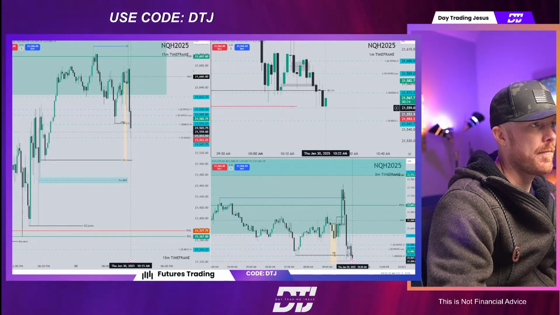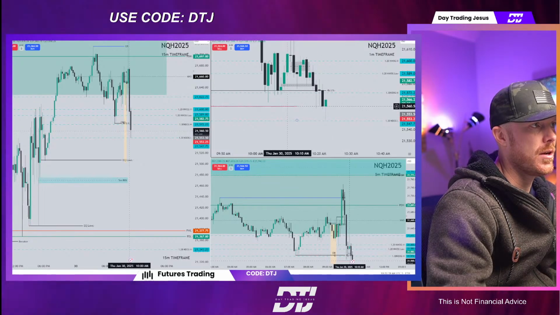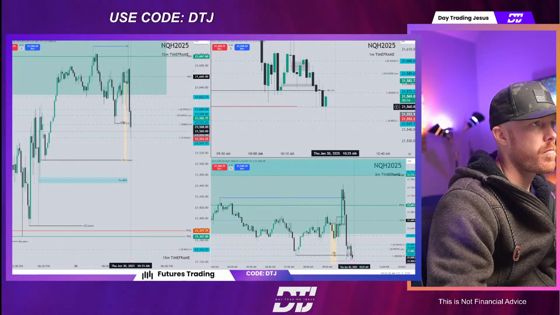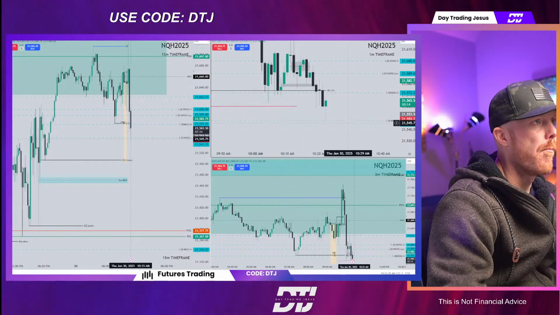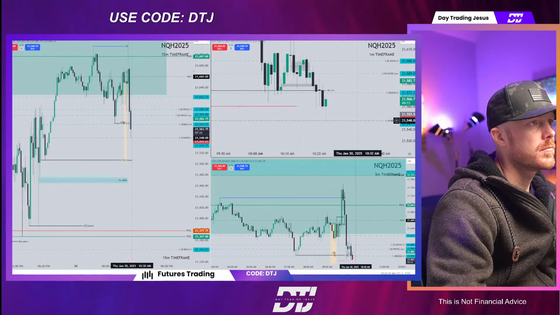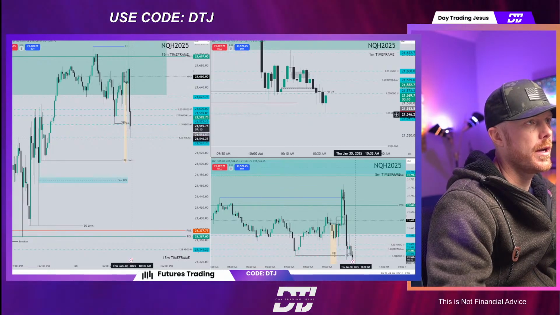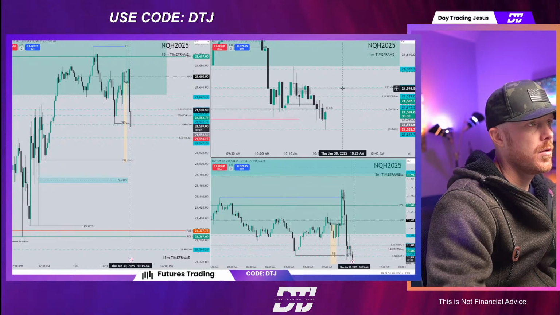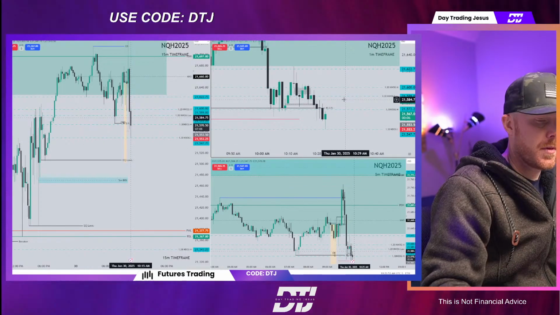New day opening gap filled right here. The bodies are close, respecting the midpoint of that. All I'm waiting for is a push higher.